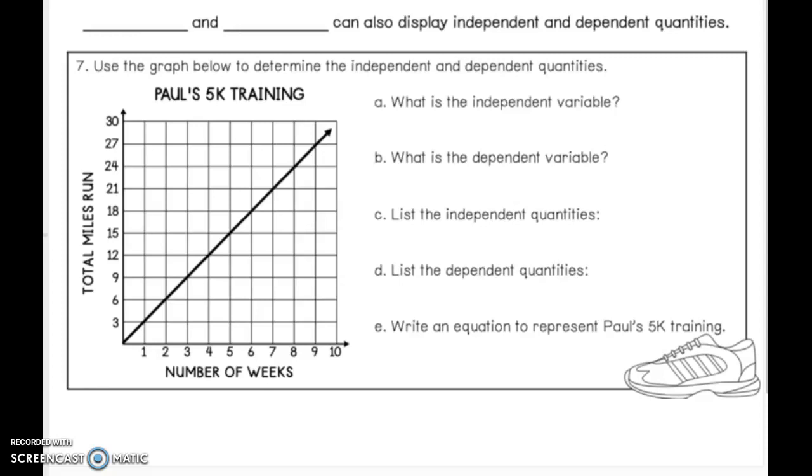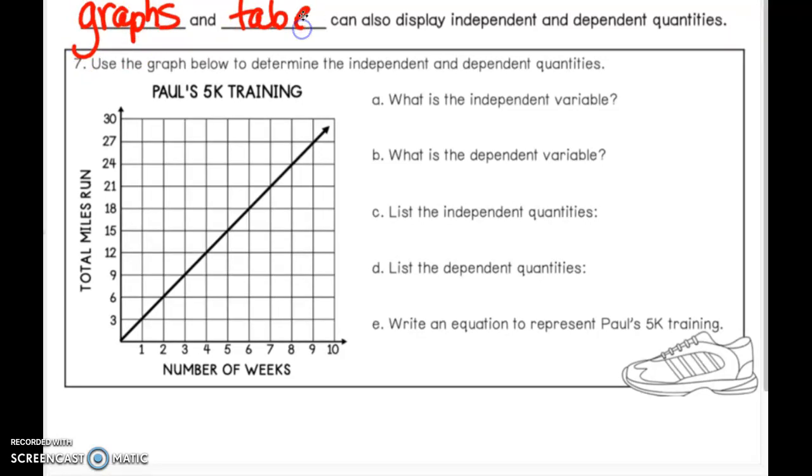And so we can use graphs. We're going to start looking at these graphs and tables. They can also display independent and dependent quantities. We've talked about the x and y axis, so we know we can talk about graphs. So here is a graph. Remember, this is the x, this is the y, so this is the independent, this is the dependent.